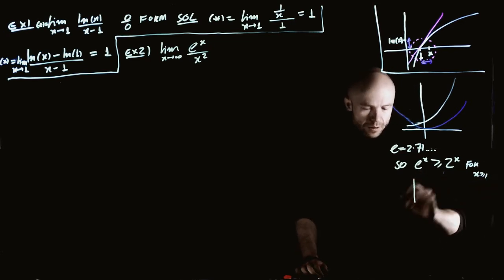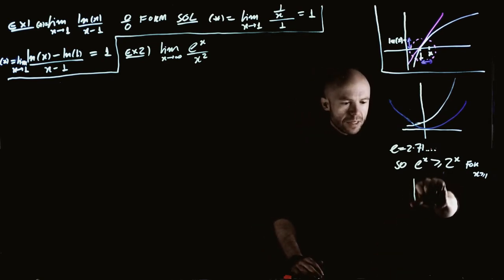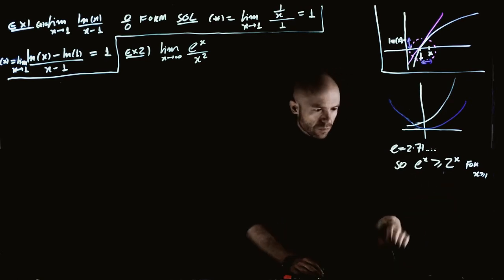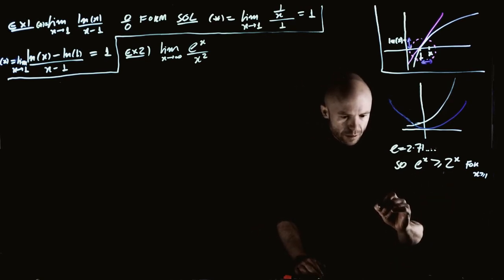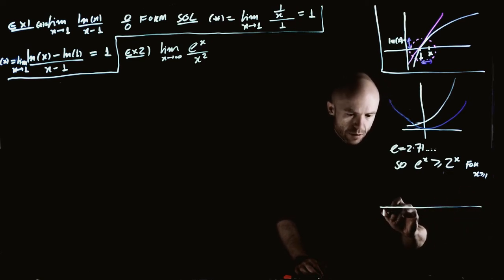I can't even graph it because it grows too fast, but let's just make a little table of what happens when we play with 2 to the x. So let's do 1.